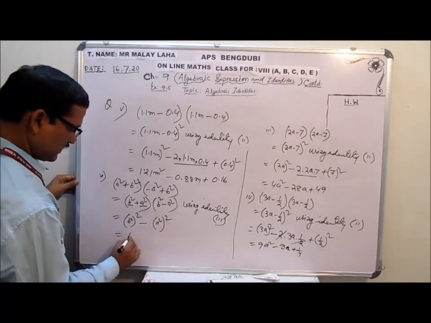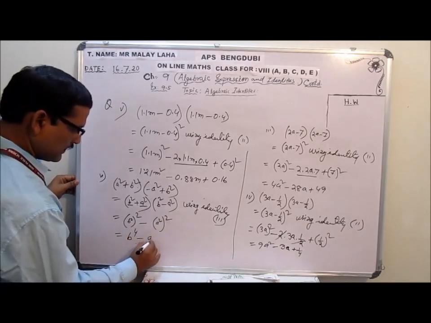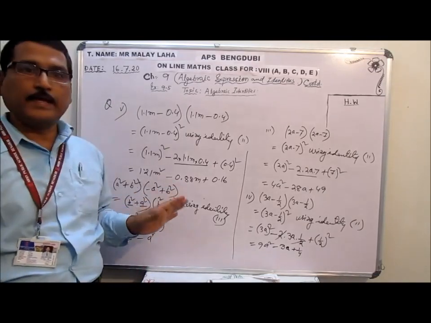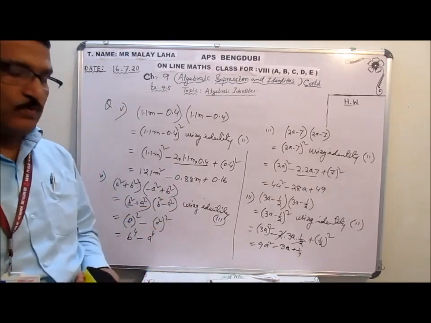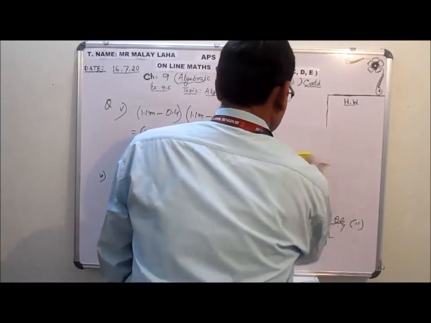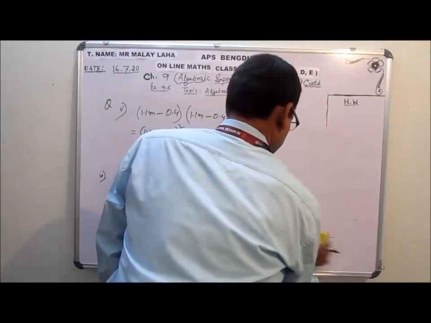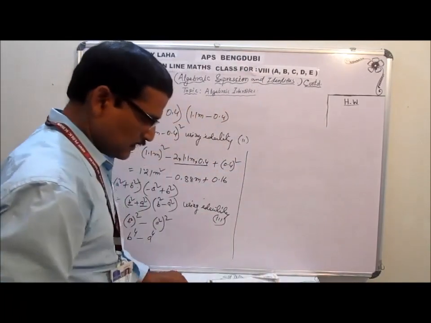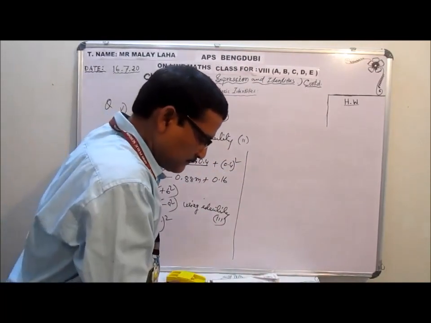So b raised to 4 minus a raised to 4. So when a little arrangement is required, you have to do this arrangement part. Clear?